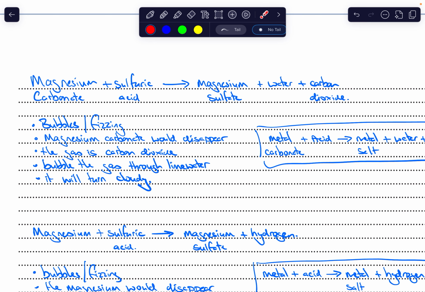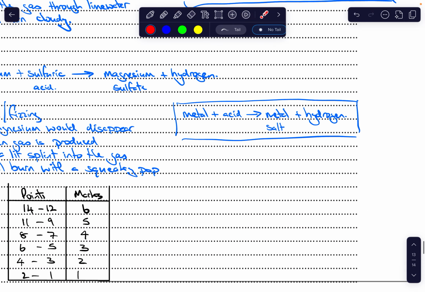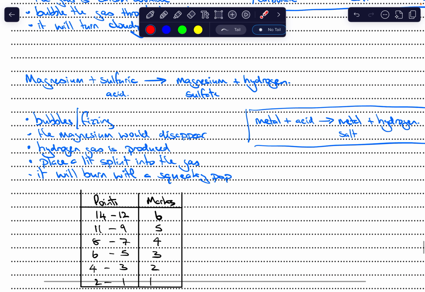Now let's look at the magnesium. If we take a metal with an acid, metal and acid makes a metal salt, and we also get hydrogen gas produced. Turn that into the real equation using the chemicals we've been told. Our metal is magnesium, the acid is sulfuric acid, so the salt is magnesium sulfate, with hydrogen gas being released.